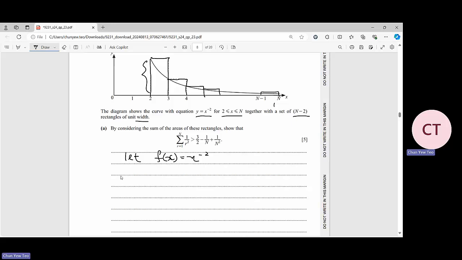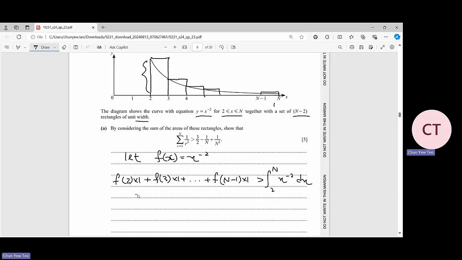So my f(2) multiply 1 plus f(3) multiply 1 plus until f(n minus 1) multiply 1 is greater than the area under the graph. You integrate from 0 to n of x to the power negative 2 dx. So this is what you need to do at first.